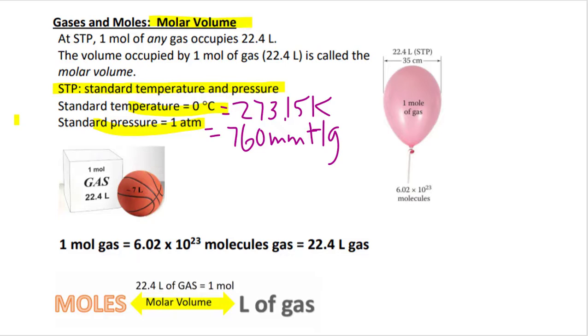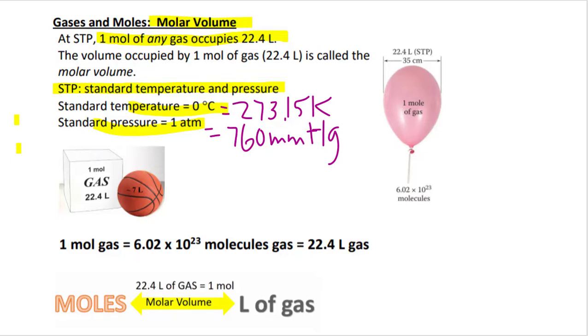It's at 0 degrees, so at sea level, 1 atmosphere, 0 degrees Celsius, and we are told that at standard temperature and pressure, 1 mole of any gas occupies 22.4 liters, and that is called molar volume.